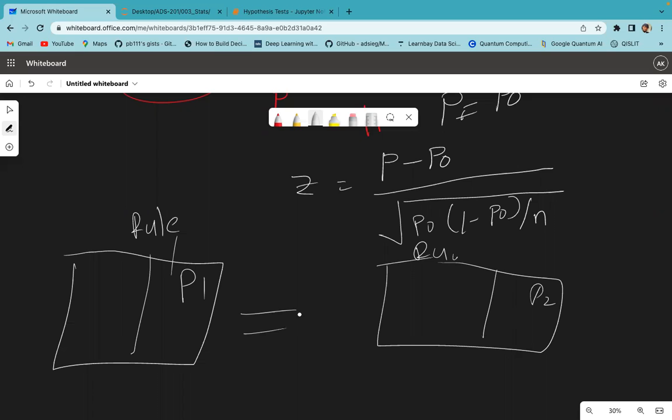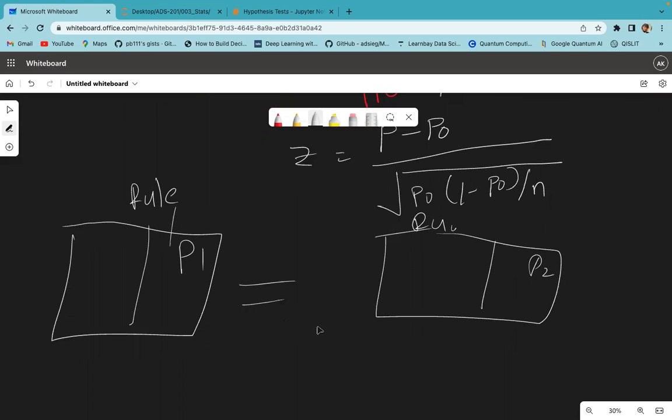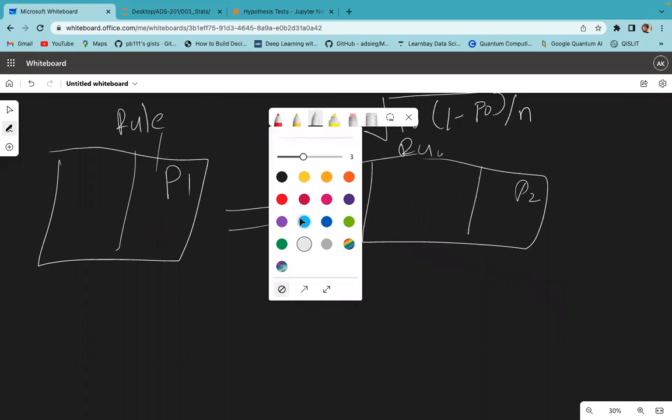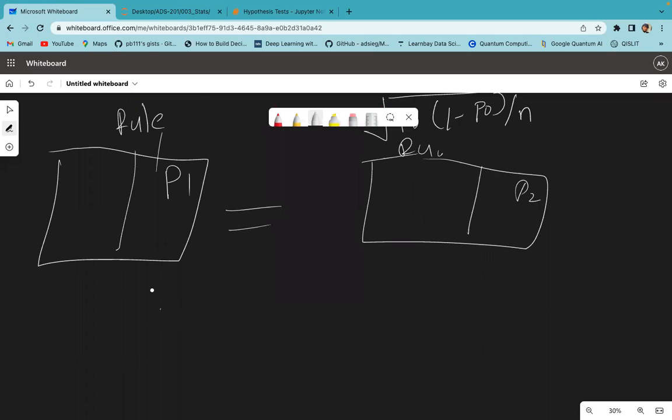These are the two proportions I want to compare. In that situation we can go ahead with the two proportions Z test. For example, my population proportion pi 1 and my population proportion pi 2. I want to compare these two things.